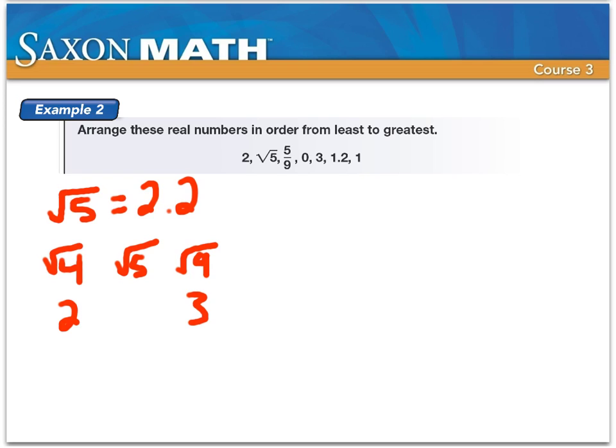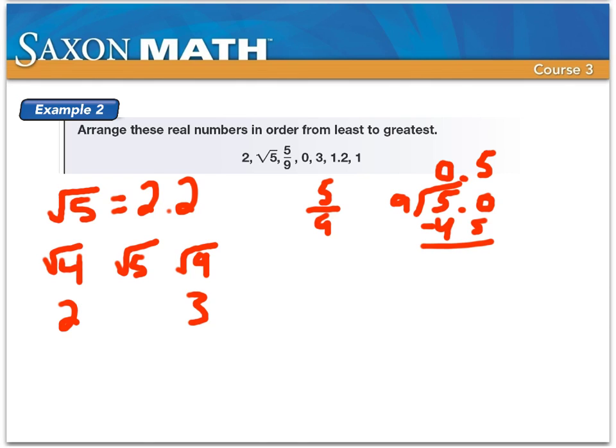Okay, 5 ninths. Convert that to a decimal. We need to divide the top by the bottom. Well, 9 doesn't go into 5, so we put a 0 and a dot. 9 goes into 50 5 times. 9 times 5 is 45.